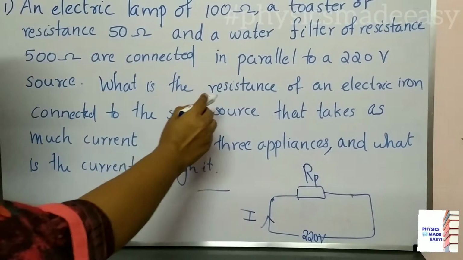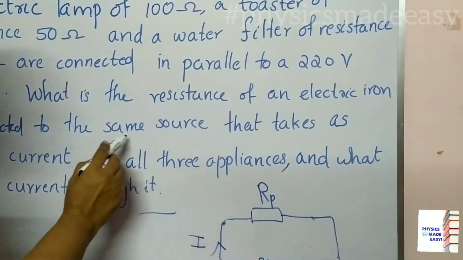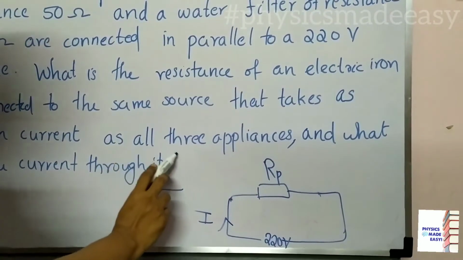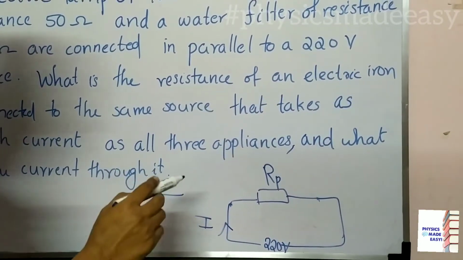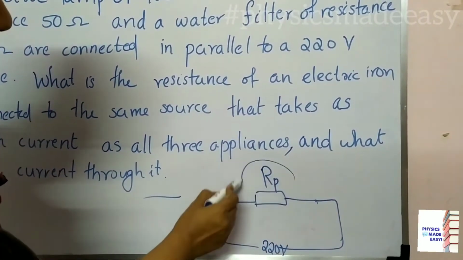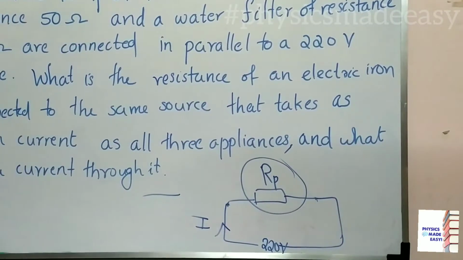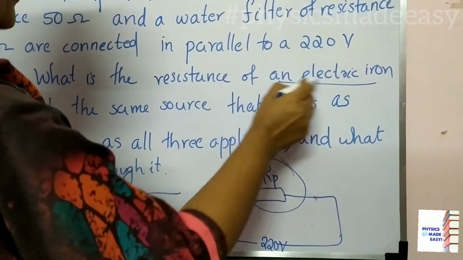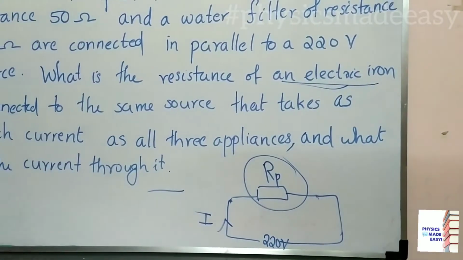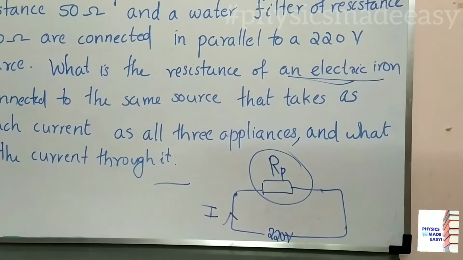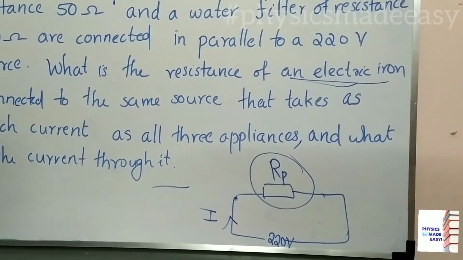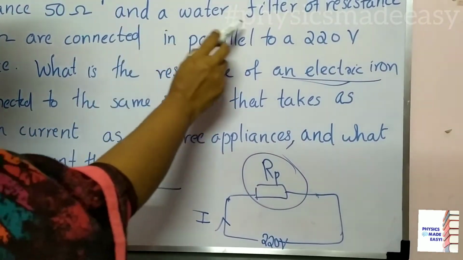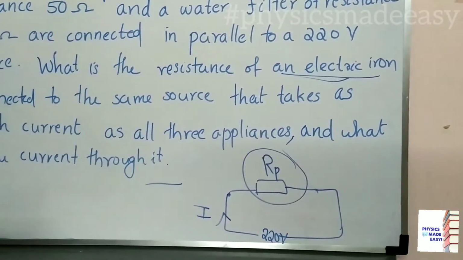So the effective resistance of that parallel combination is replaced by this electric iron. That means the resistance of the electric iron is equal to the effective resistance of the electric lamp, toaster and water filter, which are connected in parallel.